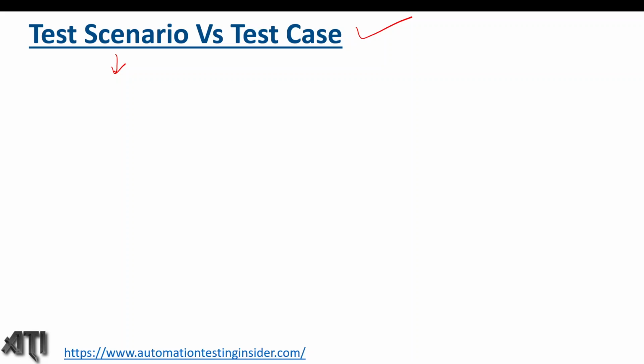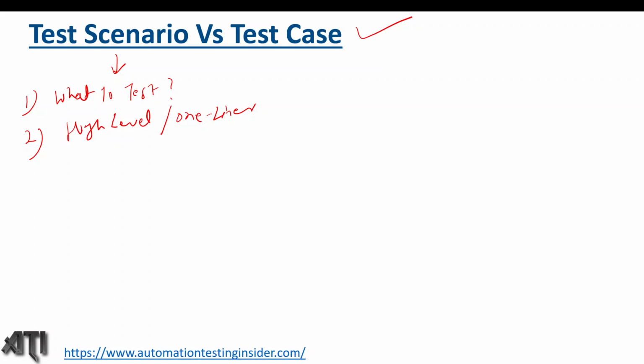A test scenario describes the end-to-end functionality to be tested in any application. What do you mean by that? Let me talk about some more features of the test scenario. A test scenario focuses on what to test in any application, and it is high level documentation. Mostly it has one-liner information.